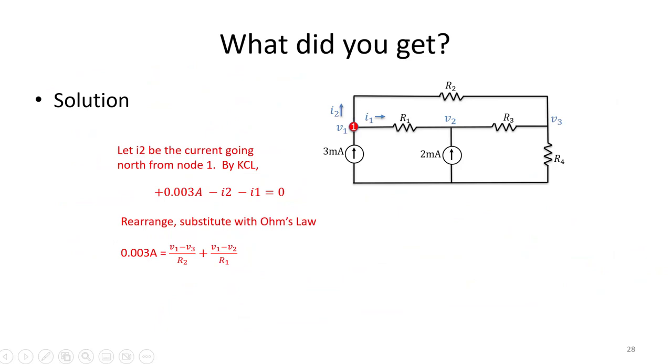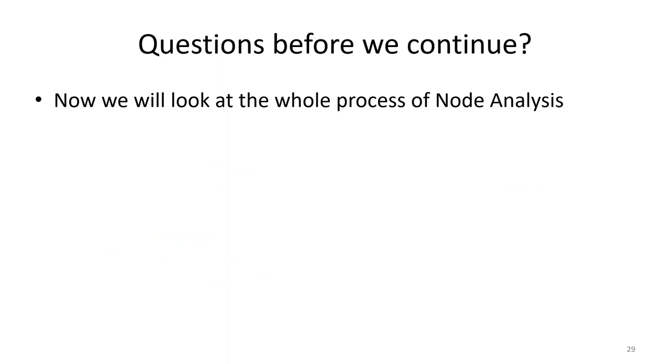Once again, depending on how you write your equation, you should end up with something like that. All right, so hopefully now this is starting to make a little bit more sense. Feel free to reach out if you have questions on this. And now let's do a full node analysis example.